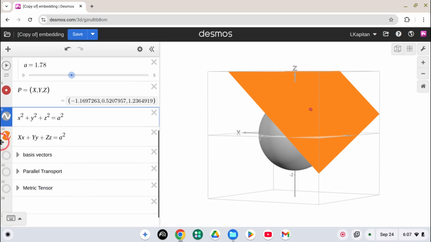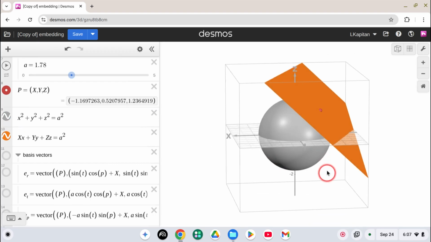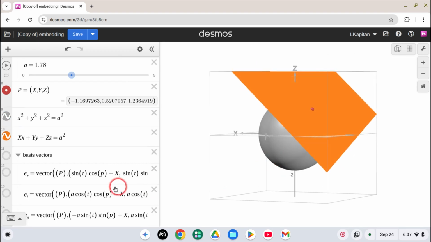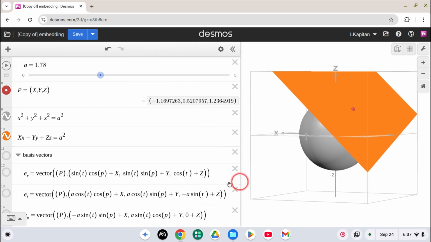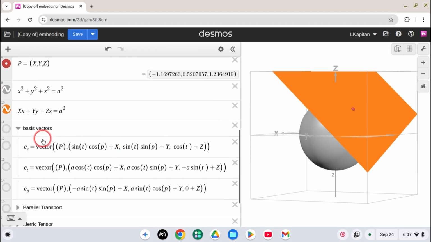Okay, so now that I've got that, I can start putting things on that tangent plane, right? So I can take the derivatives of those transpose equations and find my basis vectors E_r, E_theta, E_phi. Now, how I plot those is you don't want to plot them at the origin because it doesn't make any sense, right?